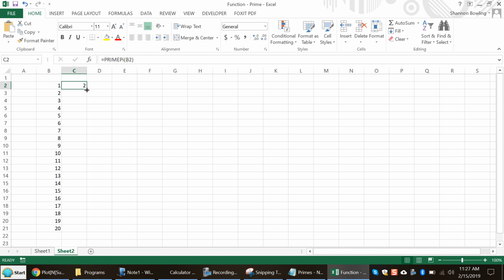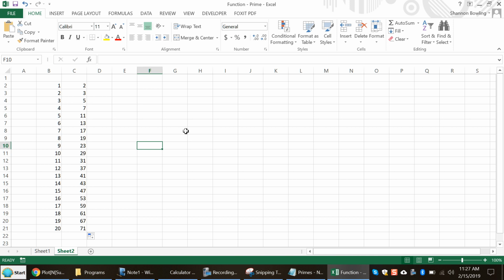What it's going to do is give me the nth prime number. So the first prime number is 2, the second is 3, the third is 5, the fourth is 7, the fifth is 11, the sixth is 13, and that sort of thing.